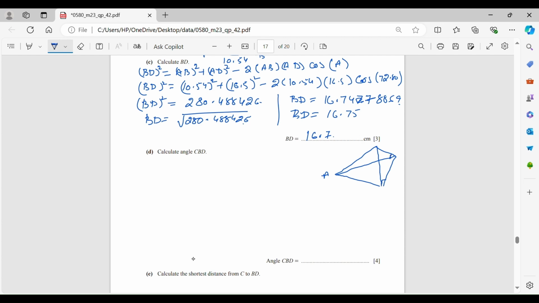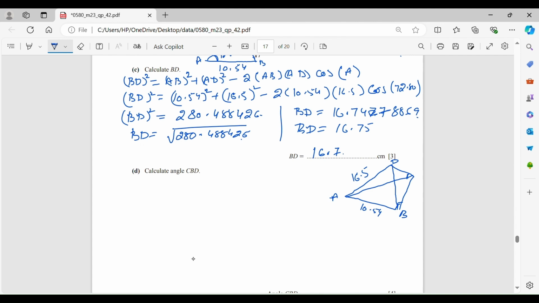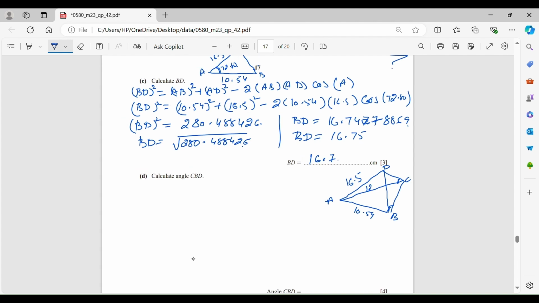This is again 90 degree, right? Now what we have: AB is 10.5, and AD is 16.5. This is D. And AC is 12.3, and what else we had?